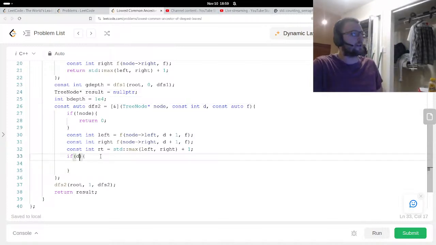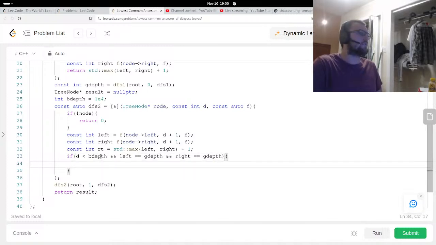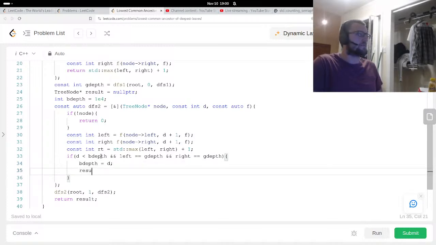So if the current depth, which is going to start off at 1, if that is less than the b depth, and the left side is equal to g depth, and the right side is equal to g depth, then I can update b depth equal to d and result equal to node.